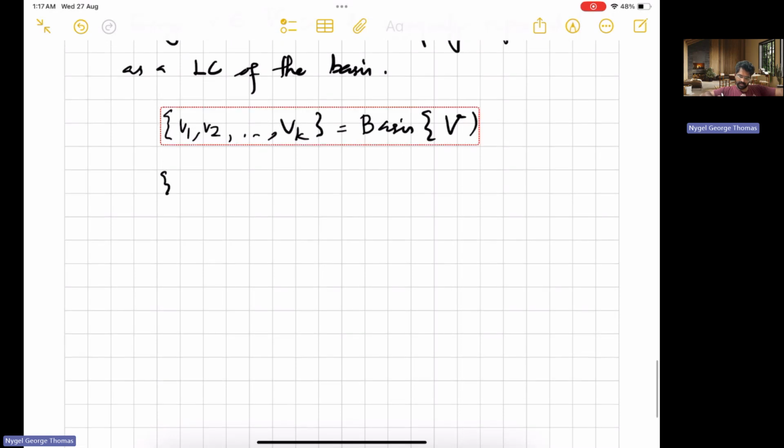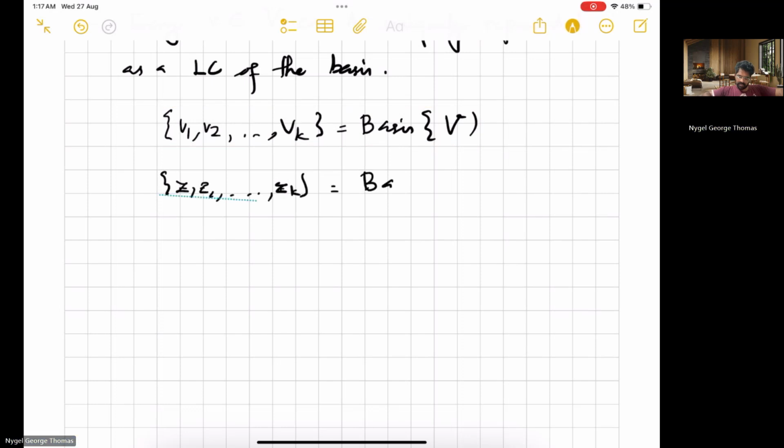Similarly, we can have another set of vectors, call it z1, z2, etc. zk, another basis. Basis 1, basis 2. So both these need not be the same. These v1 need not be equal to z1, or any of these vectors could be entirely different vectors. So basis 1 is not the same as basis 2.